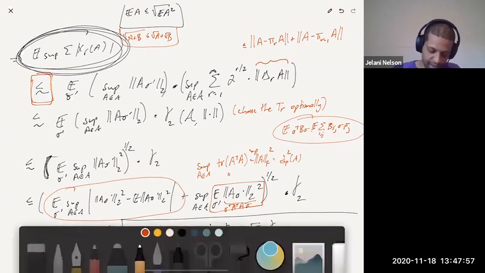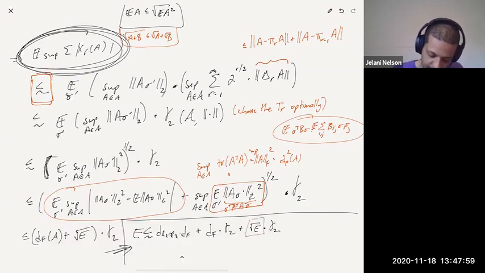And let me just name this thing. I'm just going to name this thing Z. Right? So what have we really shown? We've shown that Z squared minus some constant C times gamma 2 root Z minus some constant times df gamma 2.